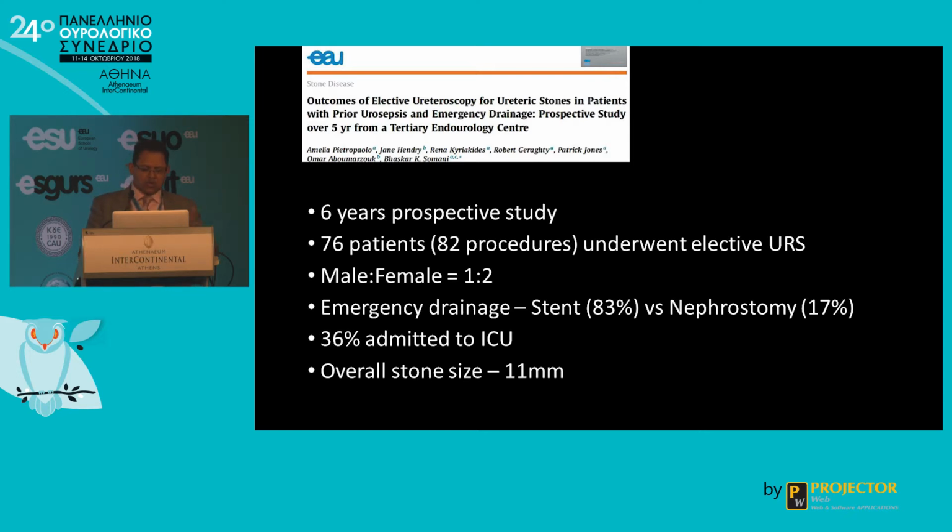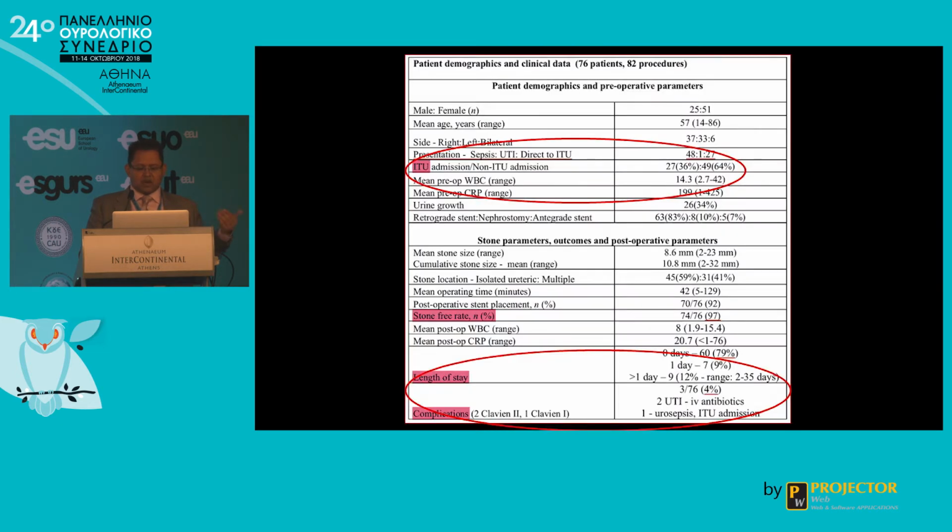So we looked at 82 procedures in our series of patients. Most of them had stents, some had nephrostomy, but a third of them were in ICU at the time of drainage. So they were so unwell when they were admitted, they went straight to ICU. We looked at elective outcomes of ureteroscopy, and stone-free rate was quite high, and for length of stay, most of them were again day cases.